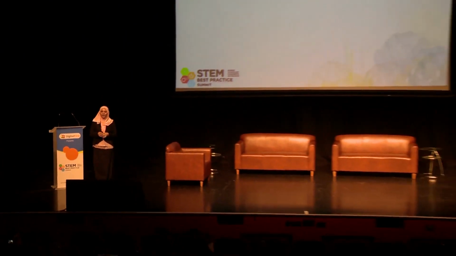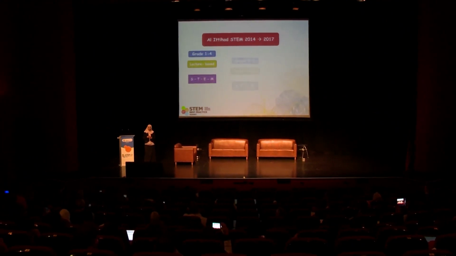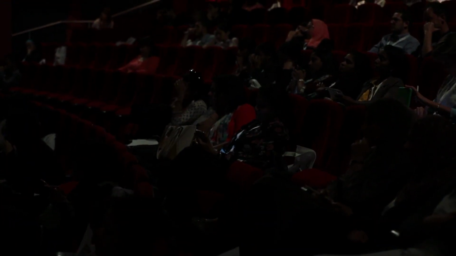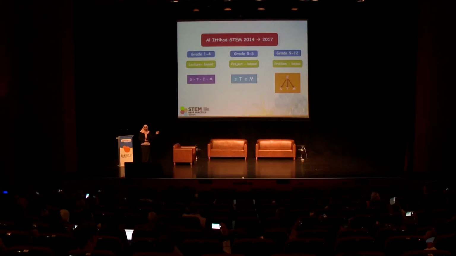Now we are going to talk about the implementation of STEM in ElSavary private school. We have categorized it into 3. The first category is phase 2, which is from grade 1 basically to 4, and it is lecture-based. The reason is that in grades 1 to 4 we have homeroom teachers who teach STEM subjects, and they are able to connect between the contents of the subjects.